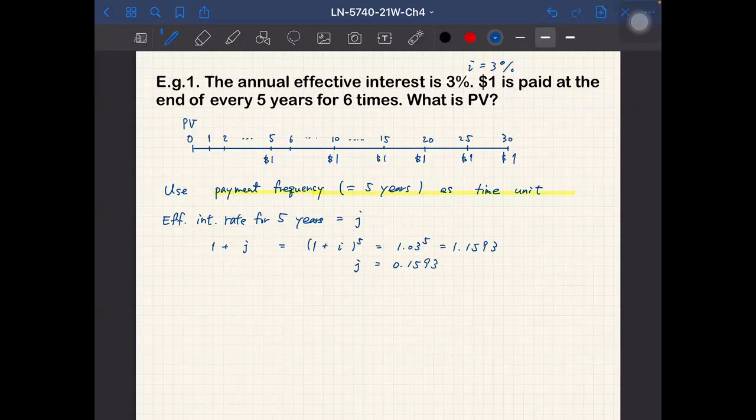So now that we have the interest rate j, the present value is the 6 payments of $1.